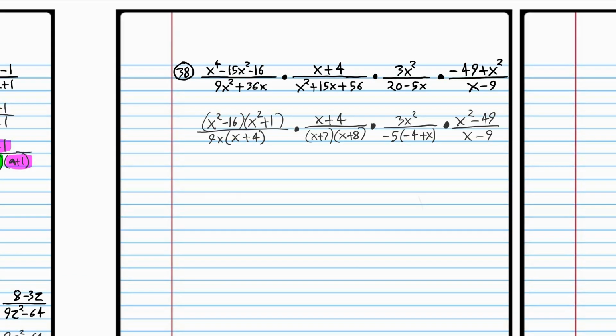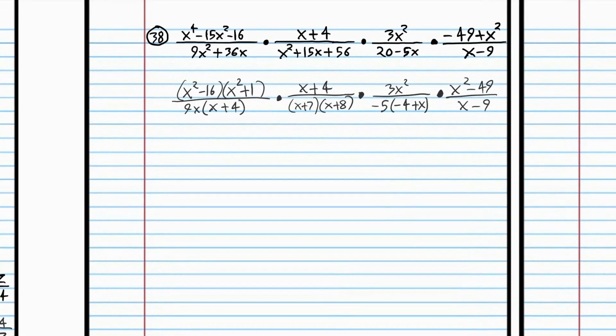So now we're going to do one more step and factor a little bit more. So do you see the x squared minus 16 here? We can continue to factor that because that's a difference of 2 squares. Let's go ahead and do that. What number multiplied by itself equals 16?